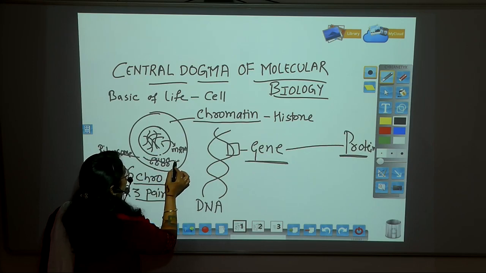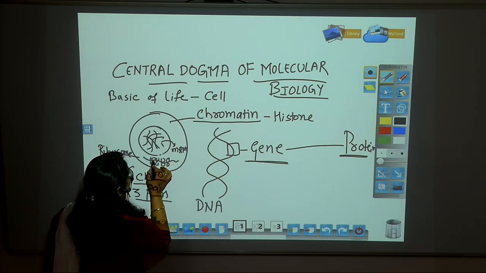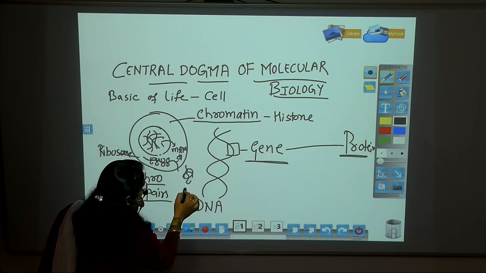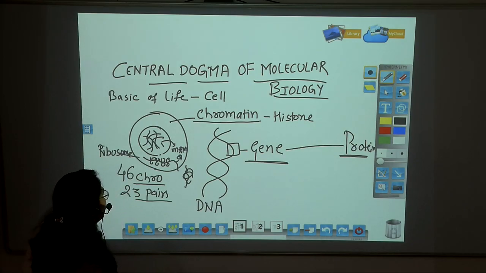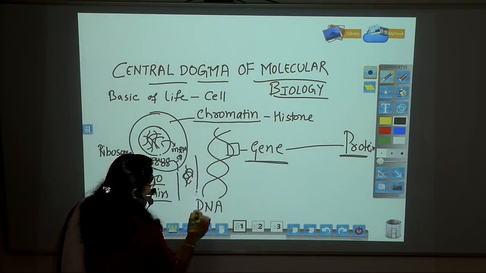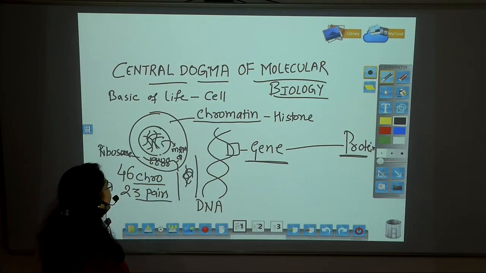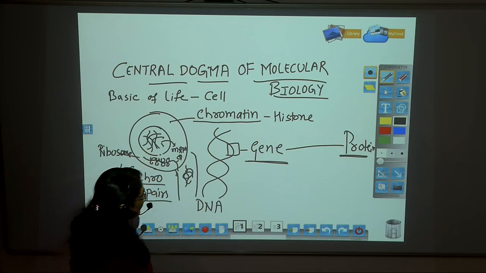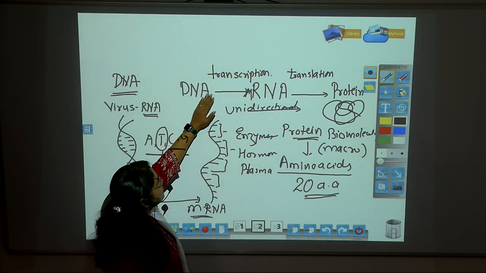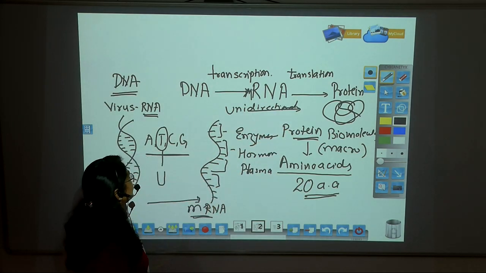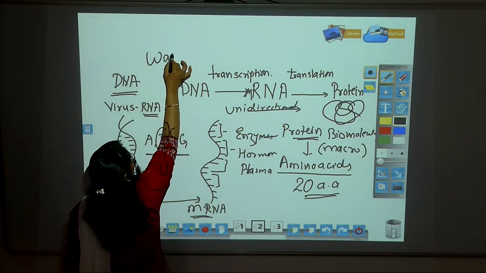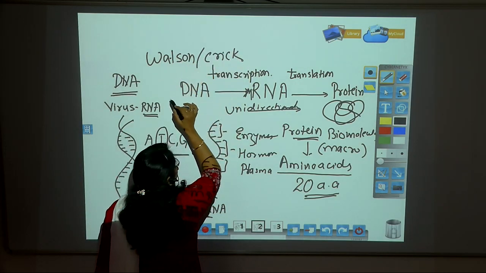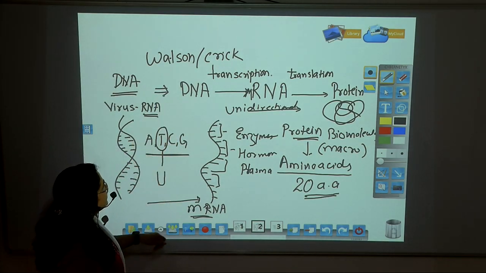When the protein is synthesized, it will be released in the cell, and it will be carried wherever it is required in the body, wherever its biological function will be carried out. So we have learnt about the central dogma of protein synthesis, which was given by Watson and Crick.